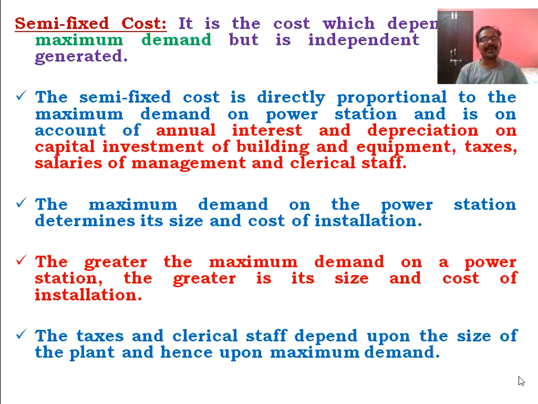So the greater the maximum demand, greater will be the plant size and greater will be the cost of installation, as well as the taxes, the salaries of management and clerical staff completely depend upon the size of the plant, and in turn depend upon the maximum demand. So all these things come under the maximum demand, semi-fixed cost.